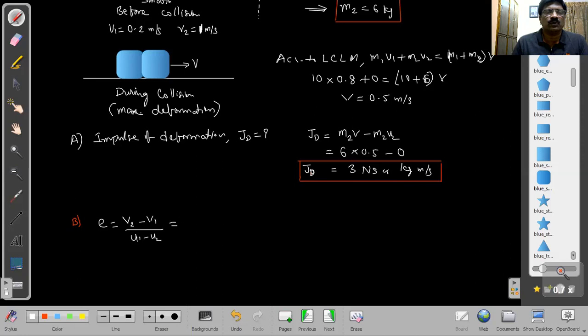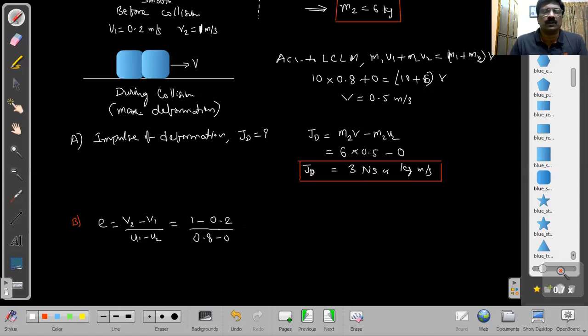V2 means velocity of the second body after collision, which is 1, we got, no? So 1 minus V1, which is 0.2, whole by U1, which is 0.8, minus U2, which is equal to 0.